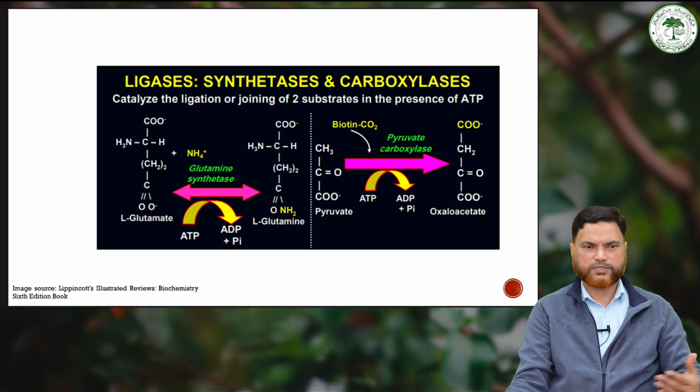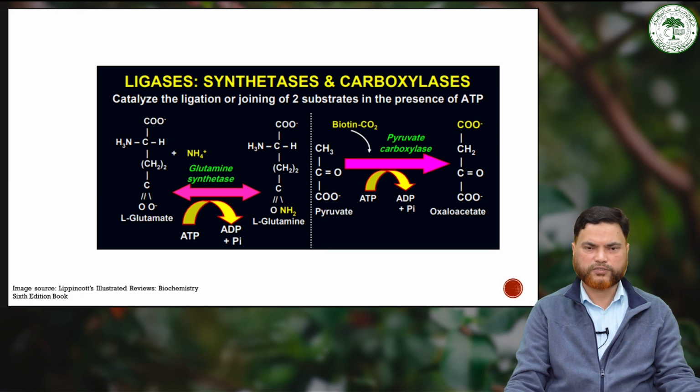A general example of this class of enzyme is glutamine synthetase, which catalyzes the condensation of glutamate to glutamine in the presence of ATP, with the final products being glutamine, ADP and phosphate.